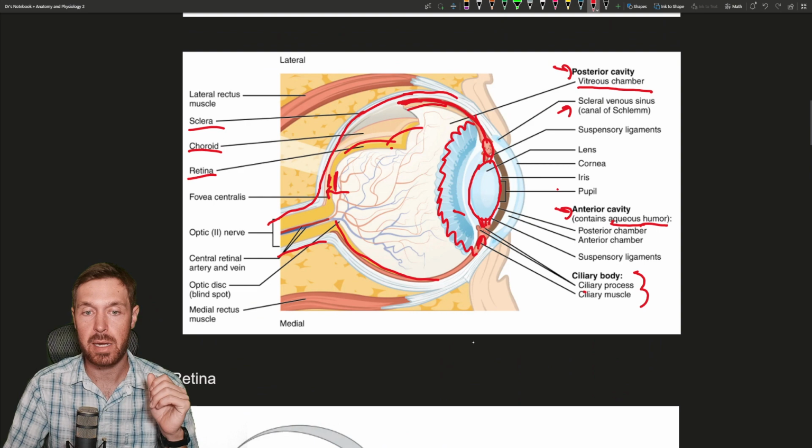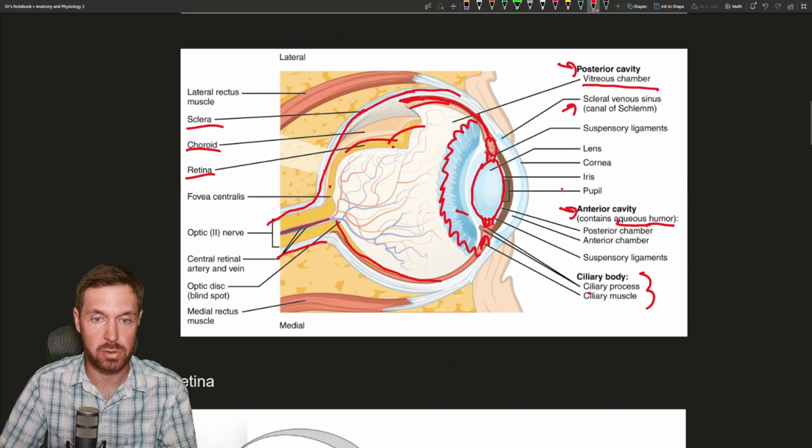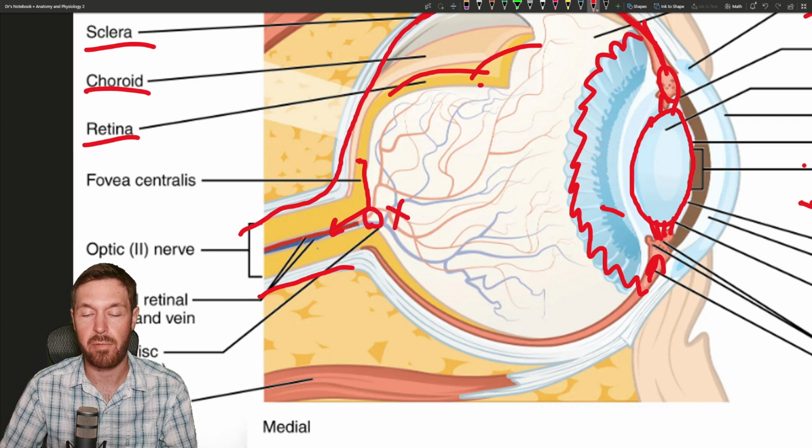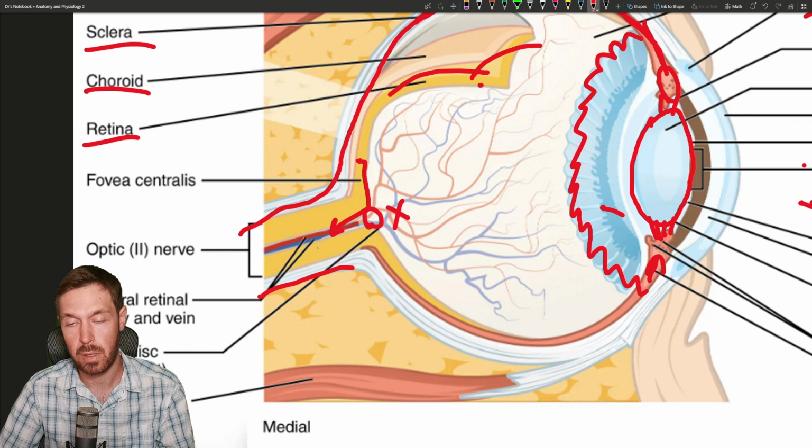Now, if you look at the retina up here, let's zoom in extra far on this image. So the direction we would be going, we'd be coming out, going like this, and then going back. So that means you have a spot right here where you don't have any rods or cones. That spot is your blind spot.